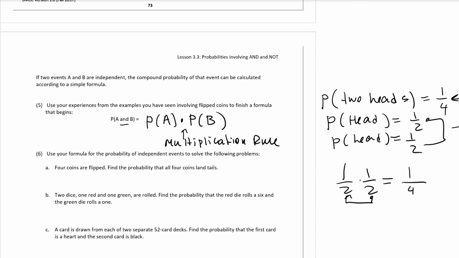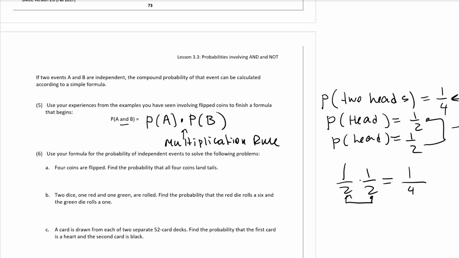And it applies to independent events only. When the events are dependent, it's slightly more complicated, but that's not part of our curriculum, so you don't have to worry about it. So whenever you're asked to calculate the probability of AND, you can rest assured that the events you've got are independent.